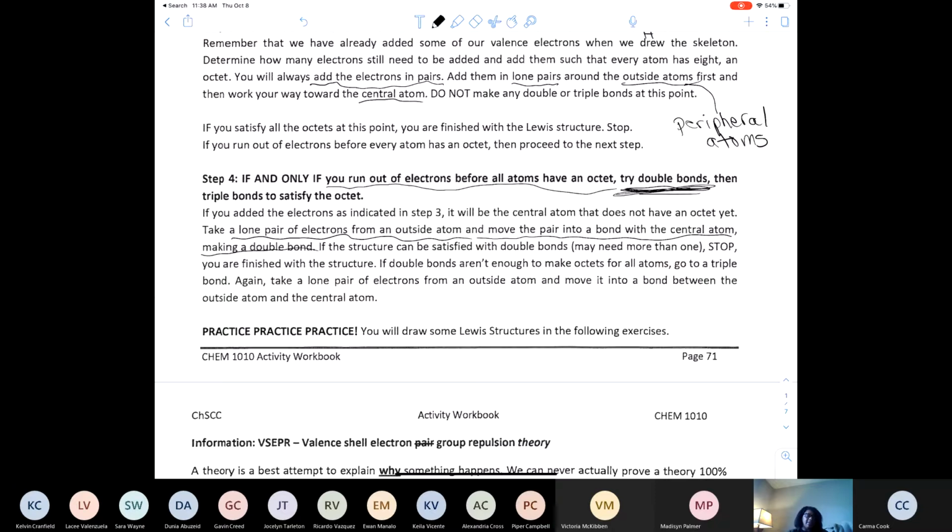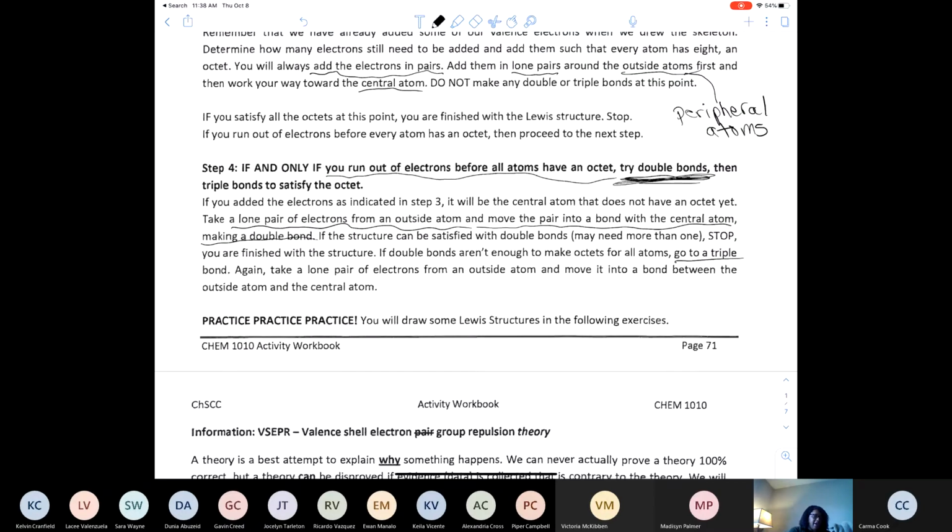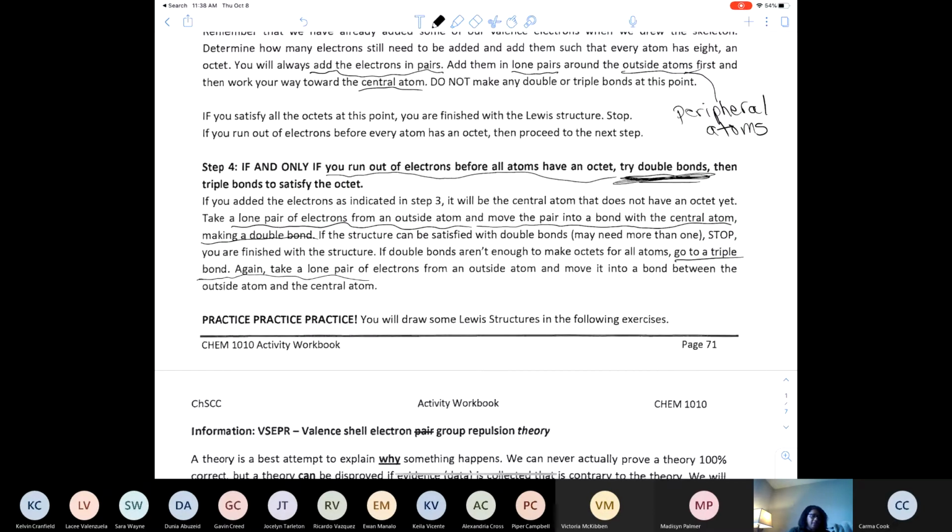But if the double bond isn't enough to make an octet, then you go to a triple bond. Again, take a lone pair from an outside atom and move it into a bond between that outside atom and the central atom, creating a triple bond. Those are the 4 steps and rules for drawing Lewis structures.